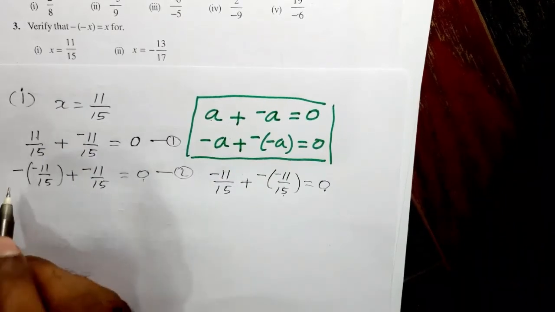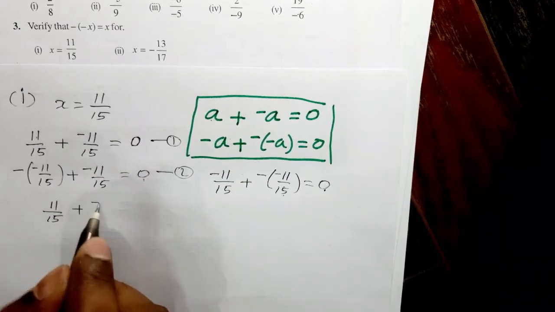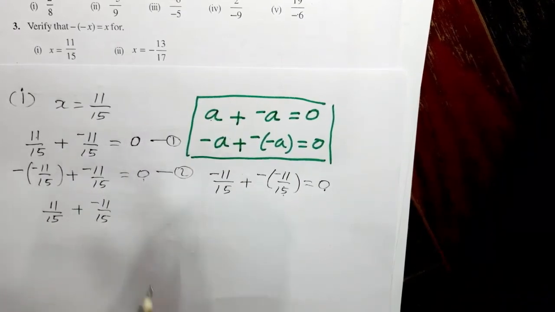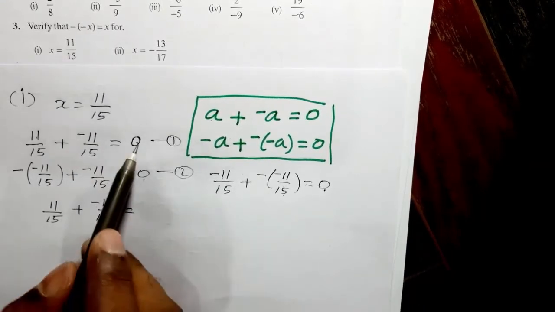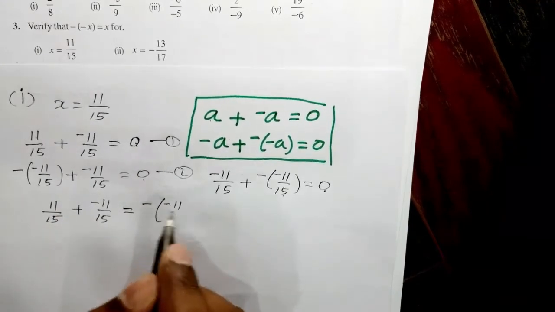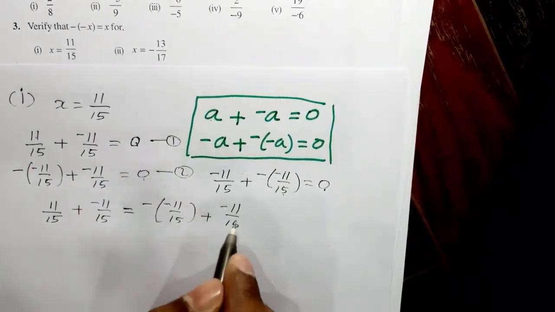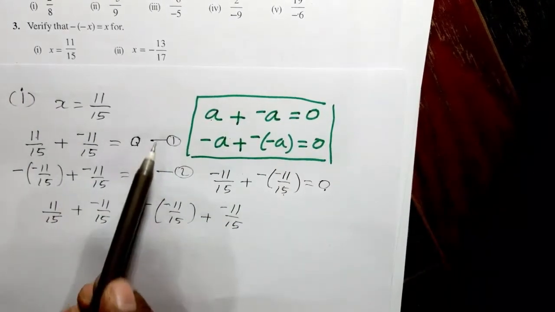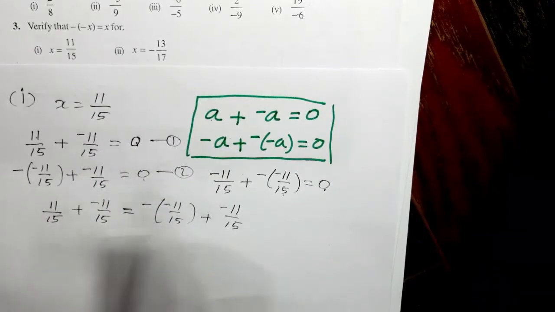So we can write that 11 by 15 plus minus 11 by 15, the first equation, is equal to 0. The same answer is here also: minus of minus 11 by 15 plus minus 11 by 15. The first equation and second equation answers are the same, so we can write these two equations are equal.